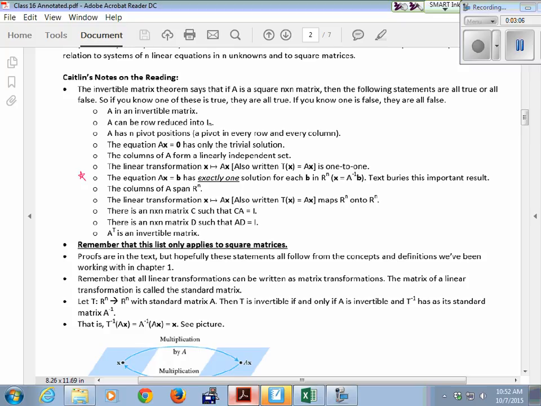Being able to row reduce A into the identity is equivalent to saying A has n pivot positions. Because if it's n by n, it would have to have a pivot in every location of the diagonal. It's also equivalent to saying the equation Ax equals 0 has only the trivial solution, because that is the definition of what?